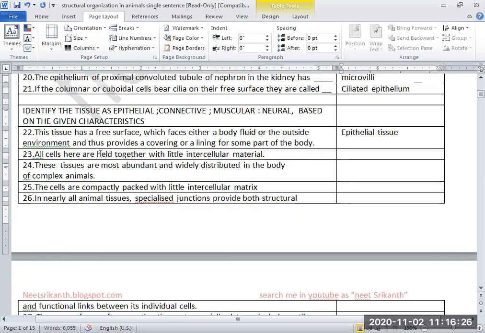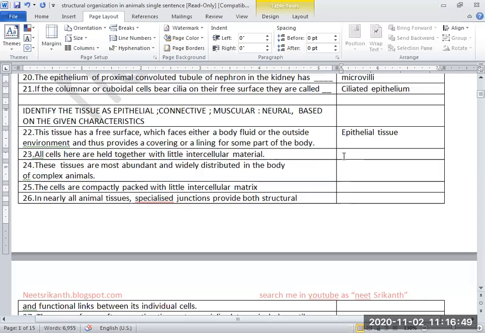Okay, very good. All cells here are held together with a little intercellular material. Epithelial tissue. Let me show you.